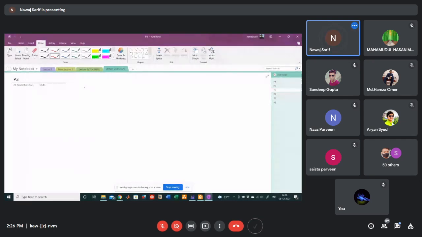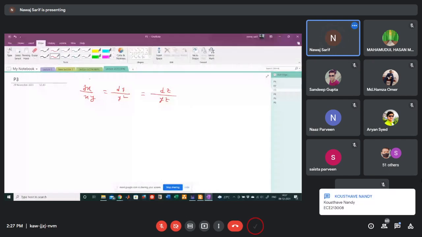Look at dx by xy equals dy by y square equals dz by yz. This is an auxiliary equation. Now to solve this, you have to take one pair at a time.